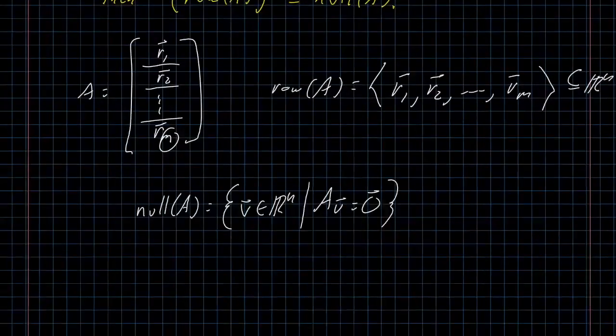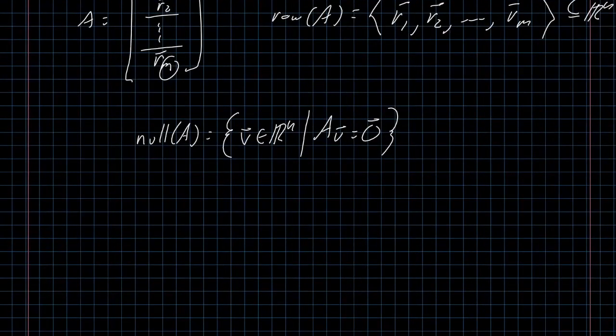But think about that a little bit more carefully. Pick some vector v in the null space of A, and think about what it means to multiply A times v.